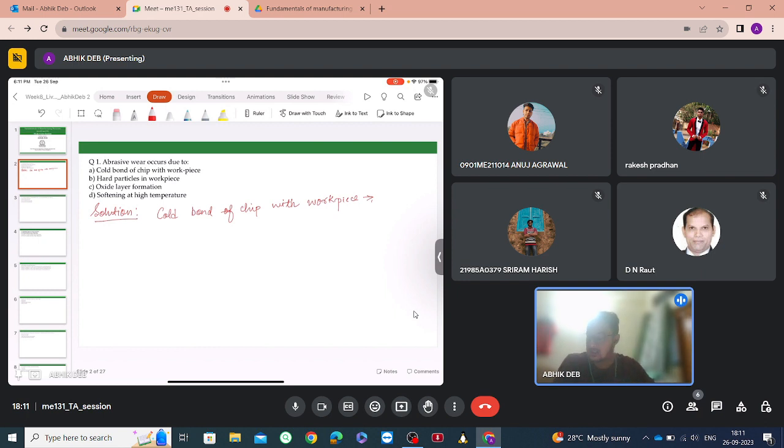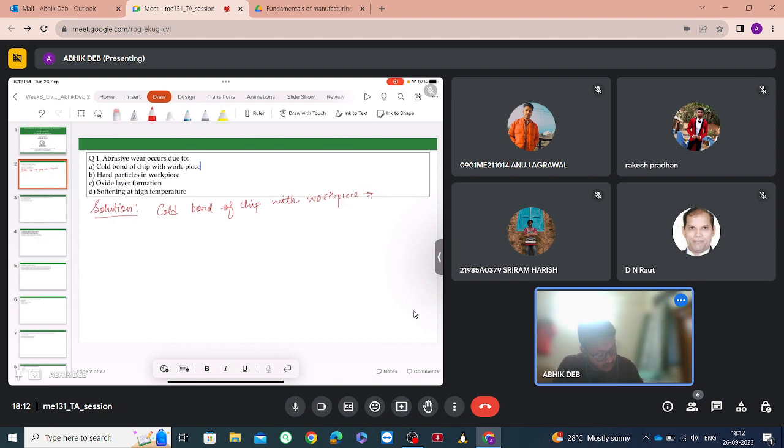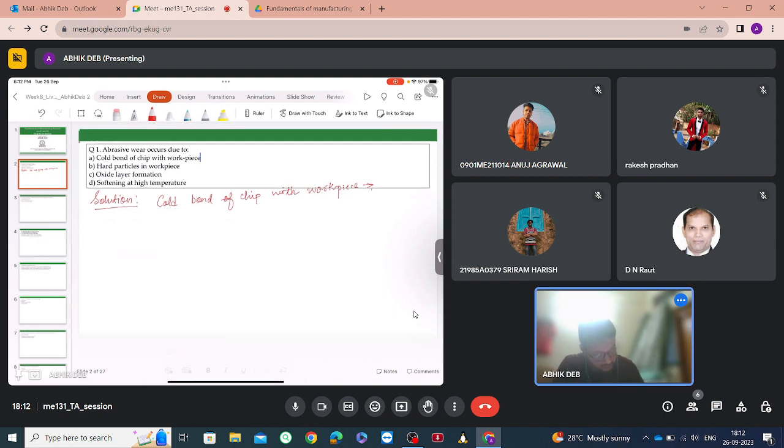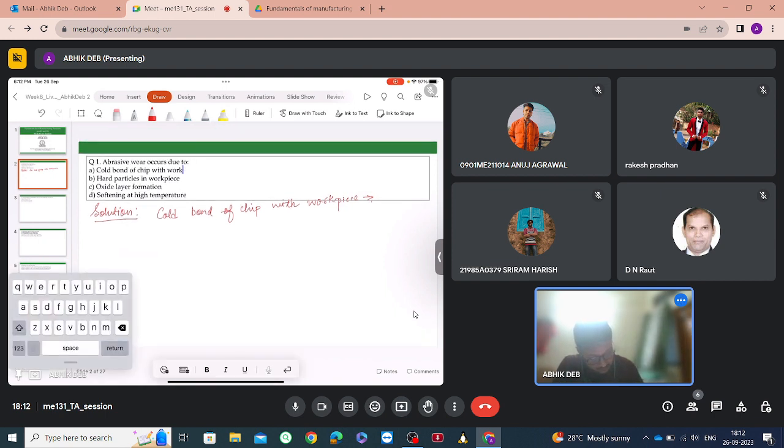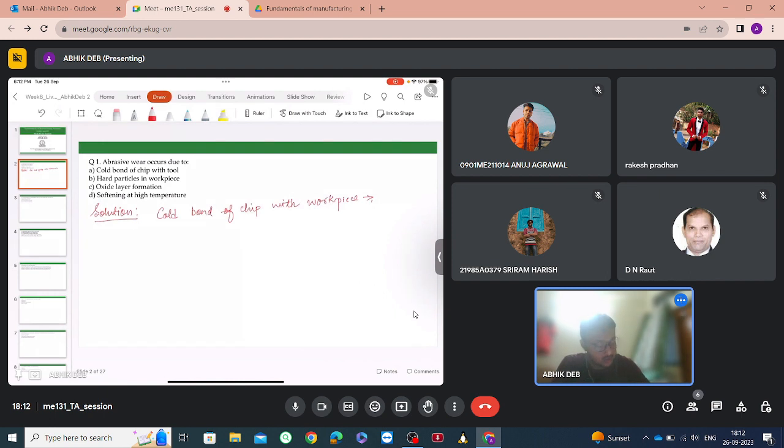Not the cold bond of chip with the workpiece, but the cold bond of chip with the tool.